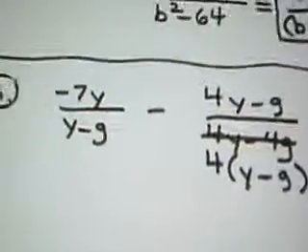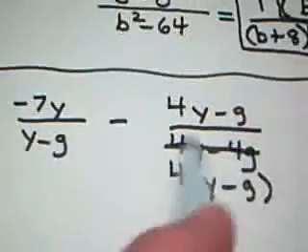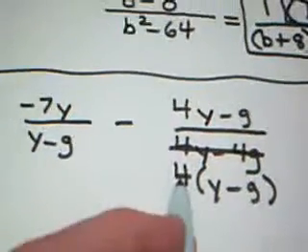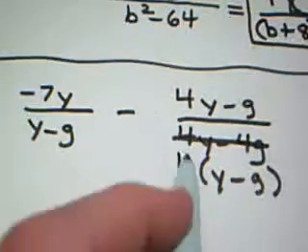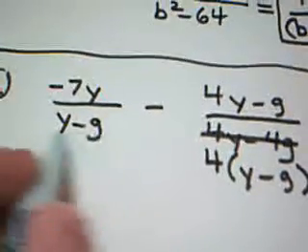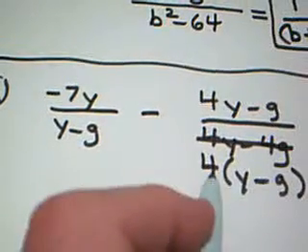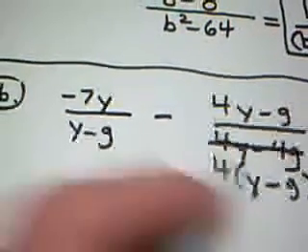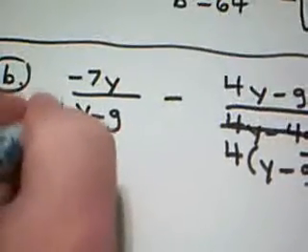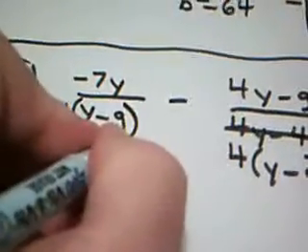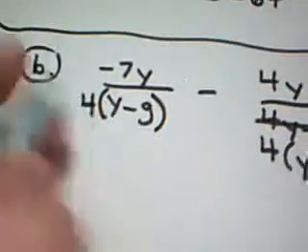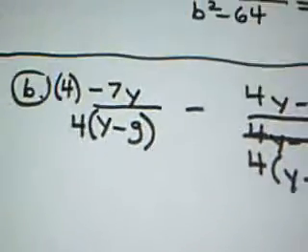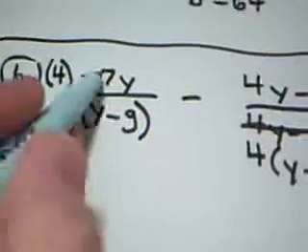By factoring this denominator, I think it makes it easy to see that this denominator is complete, but this denominator is missing a 4. So to make this denominator look like this one, we're going to multiply this denominator by 4. But what I do downstairs, I have to do upstairs as well to keep the fractions equivalent.